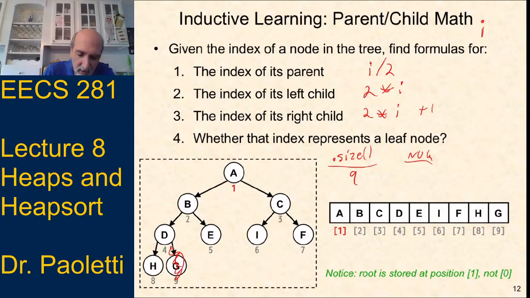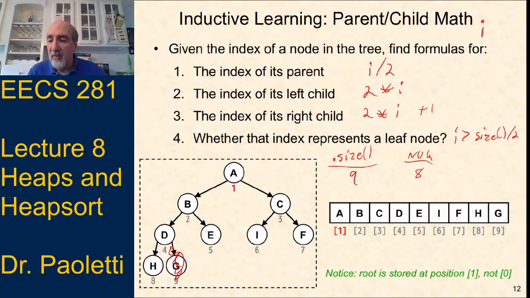So no G, the size would be 8. And 8 divided by 2 is 4. And the leaf nodes are 5, 6, 7, 8. They're still the nodes whose index is greater than size divided by 2. So if i is greater than size over 2, then it must be a leaf node. That's going to be important later on. We're going to have to be able to tell if someone's a leaf node or not.